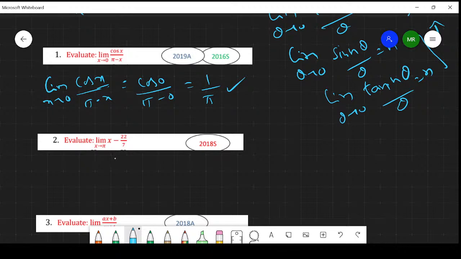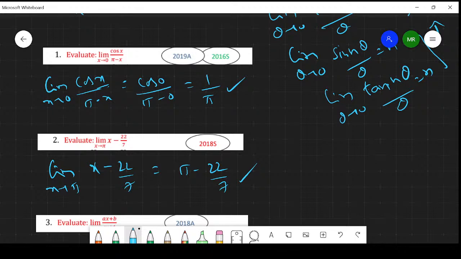Limit x tends to pi of x minus 22 by 7. When this limit is given, I can directly substitute pi in place of x. Your answer is pi minus 22 by 7. Generally we may consider the value of pi as 22 by 7.